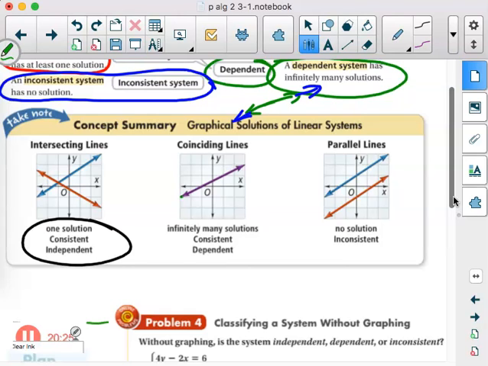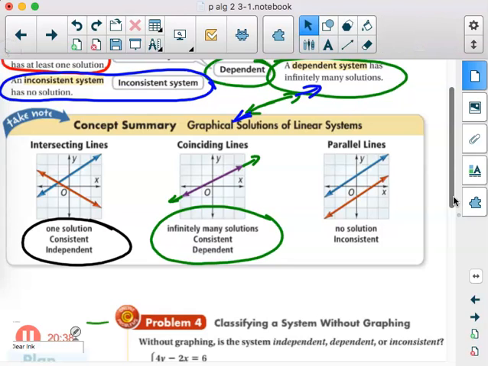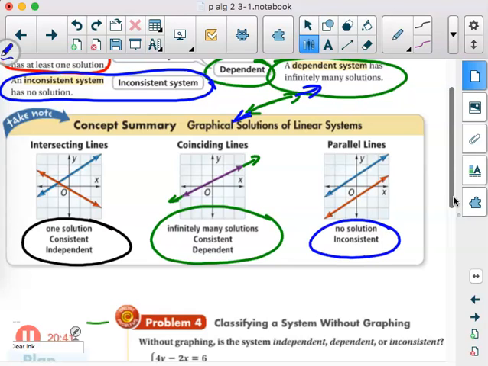So this was one line right on top of itself. Now that's consistent because we have an answer, but it's dependent because we have the line right on top of itself. Now, parallel lines, that's the one we don't like. We have to put no solution, and inconsistent because they never will hit one another.